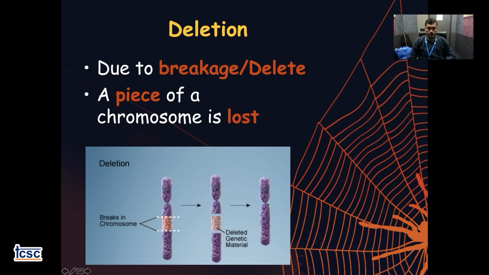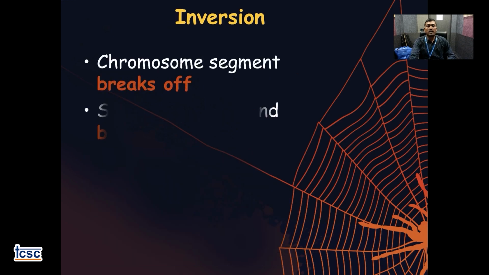Due to deletion of part of a chromosome, there will be a change in the genome, and that kind of mutation is called a deletion type of mutation. The result will be different: it may be a change in characters, in protein sequence, in genome sequence, right? That kind of effect is called a deletion type of mutation.